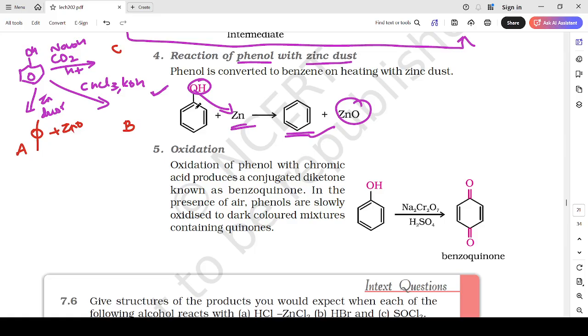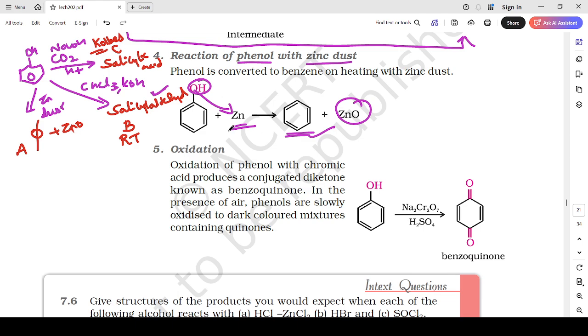C is salicylic acid. That's right. B is salicylaldehyde. That's right. Very good. And name the reaction. Reimer-Tiemann reaction, and Kolbe's reaction.